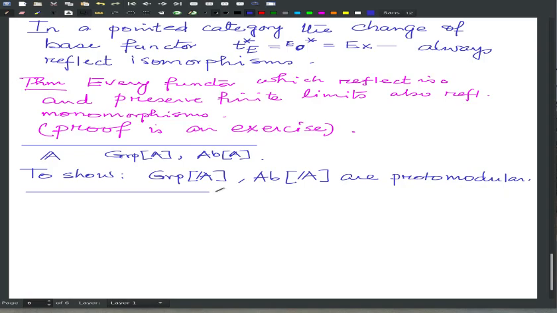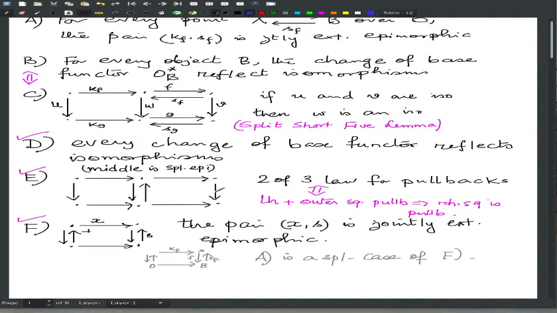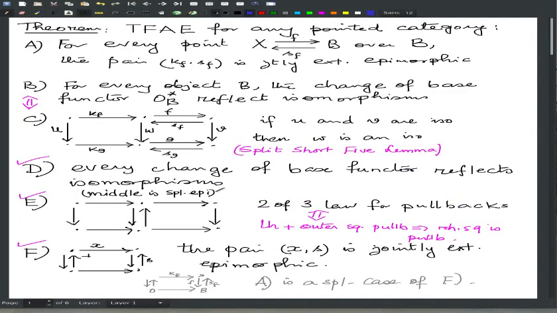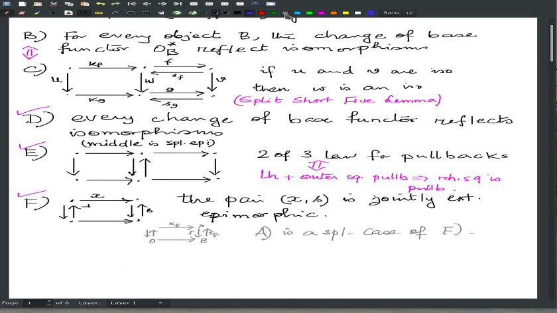But by protomodular, do we mean pointed protomodular? Yes. Sorry. So any pointed category is said to be protomodular, or pointed protomodular, if it satisfies any one of these 6 conditions. And if it is not pointed, so let me write it. Pointed protomodular is any of these 6 conditions.